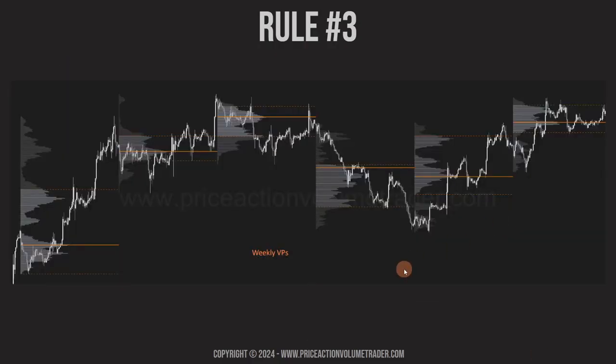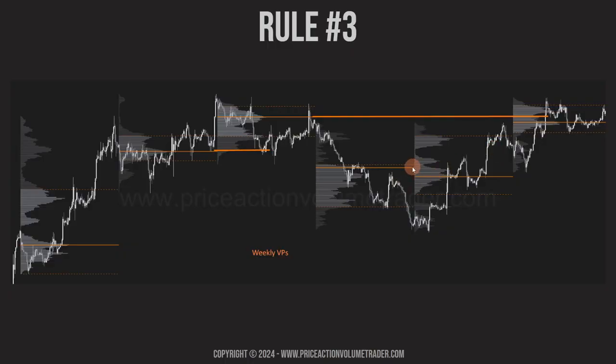Here's another example. This is just with weekly volume profiles, and you can see right here how we can use, in this case, periodic profiles, and we have the points of control, which then we can use in the future as targets.